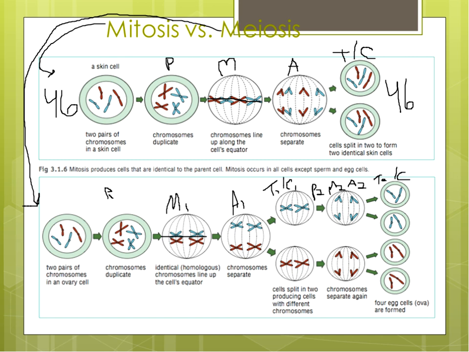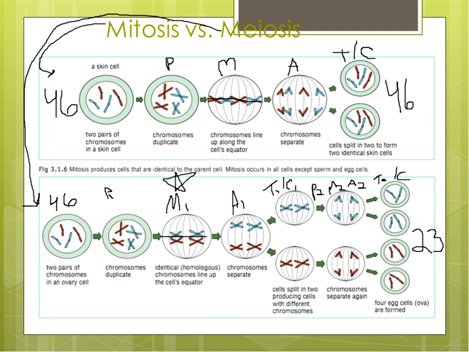Here with meiosis, though, you would start with 46 chromosomes. They doubled up. But this reason right here is why it goes from 46 to 23. Why do meiosis cells only have 23?